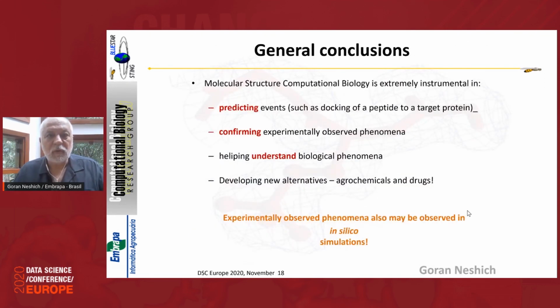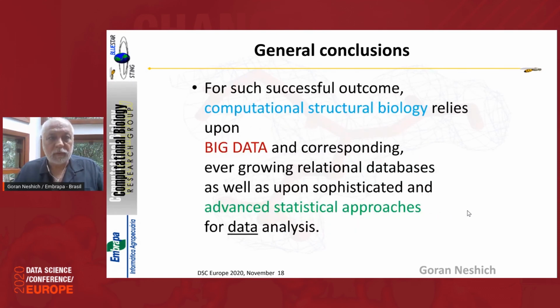In general conclusion, molecular structural computational biology is extremely instrumental in predicting events, confirming experimentally observed phenomena, and helping understand biological phenomena. And for such a successful outcome, computational structural biology relies upon big data and corresponding ever-growing relational databases, as well as upon sophisticated and advanced statistical approaches for data analysis.